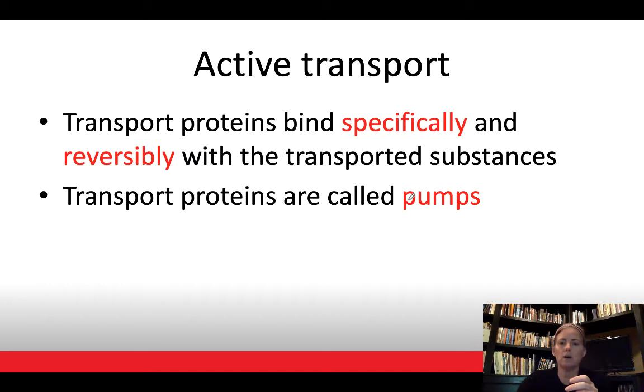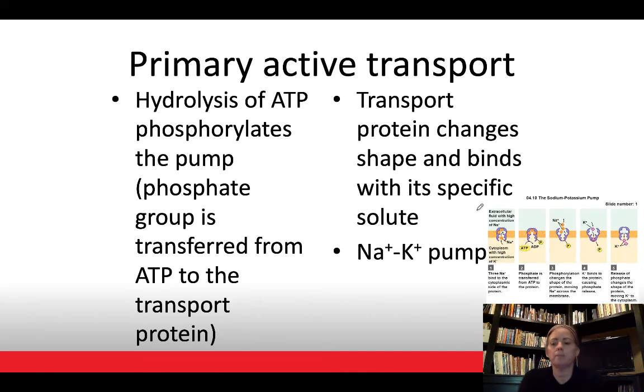Transport proteins are commonly referred to as pumps, and probably the most notorious primary active transport pump is the sodium-potassium pump.